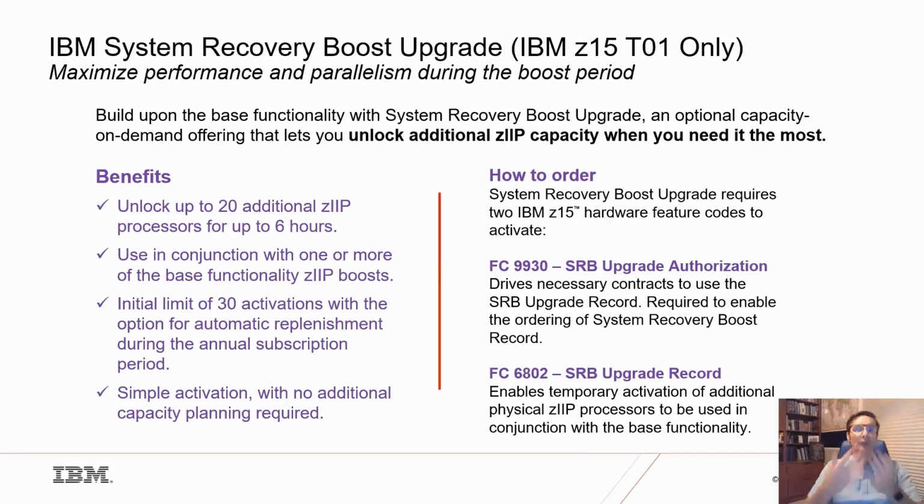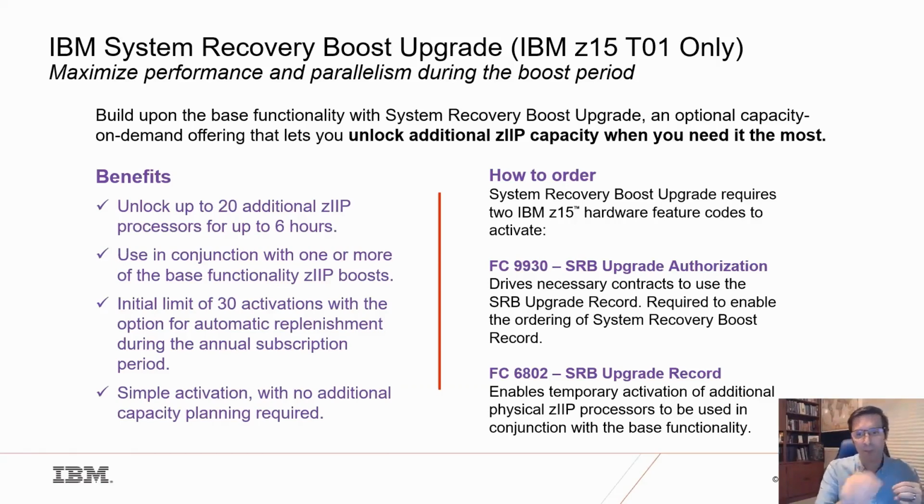Now note that these feature codes have an initial limit of 30 activations. You can have a subscription that allows you to replenish those 30 activations. And very important, these activations only apply to eligible boosting periods. Once you turn on this capacity, you don't necessarily get any capacity improvements until you do an action such as a shutdown and an IPL, which enables you to start a boosting period.